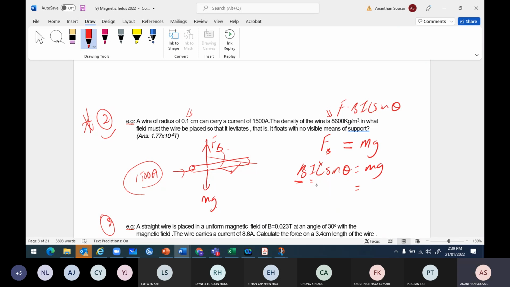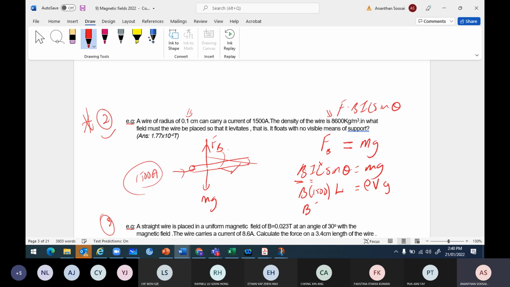That's the tough part. So B, I is 1500. L we don't know. Sin theta we take as 1. Mass, because density is given, you change to rho V g. Density times volume will be the mass, right? So that's one conversion.